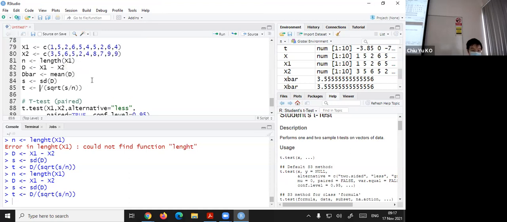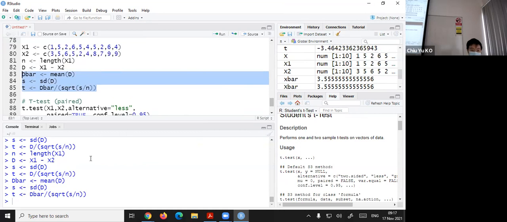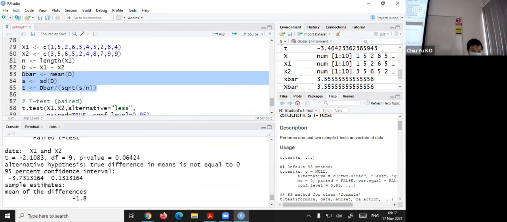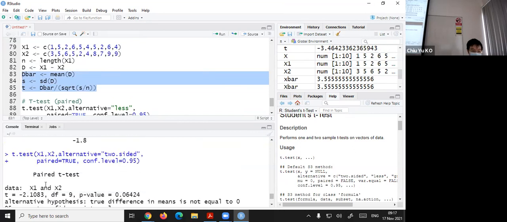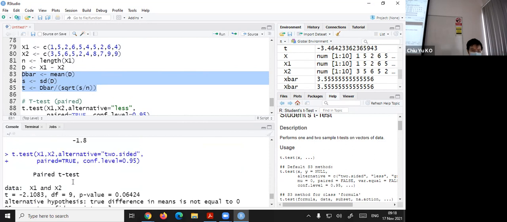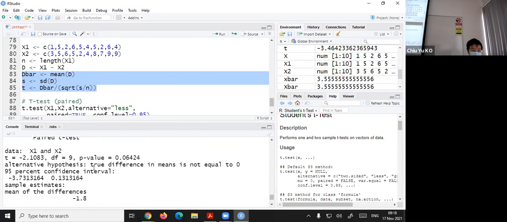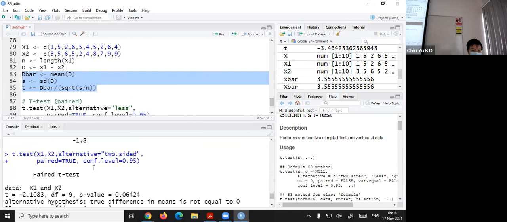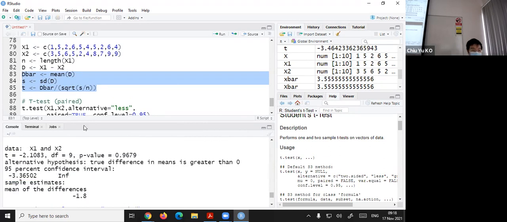Okay, so the answer, this t is negative 3.4. Should be right. Yes.